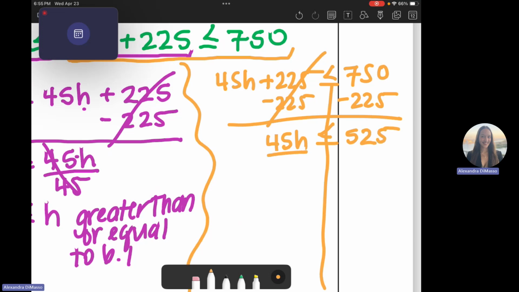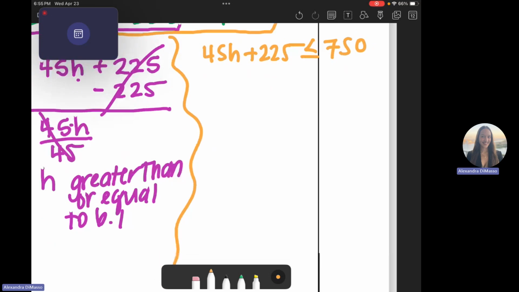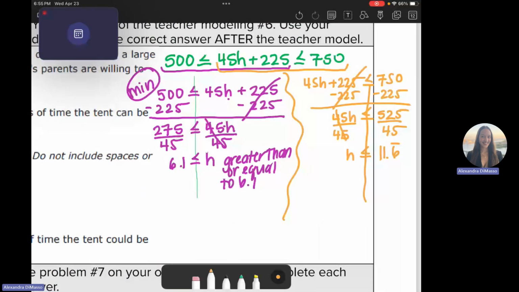And then I divide both sides by 45, so I can get the H by itself. And I get H has to be less than or equal to, this is about 11.6 repeating. So my number of hours has to be greater than or equal to 6.1, but less than or equal to 11.6.